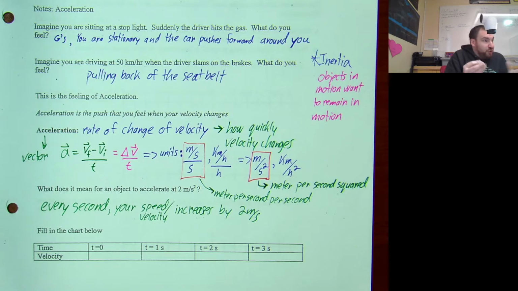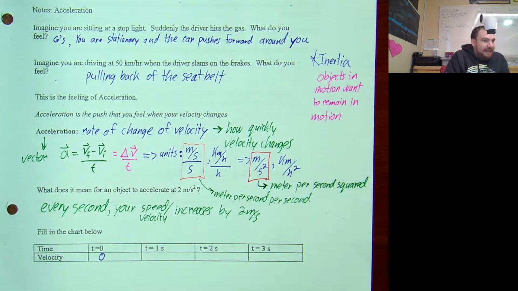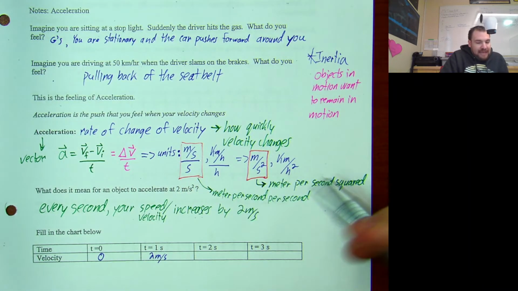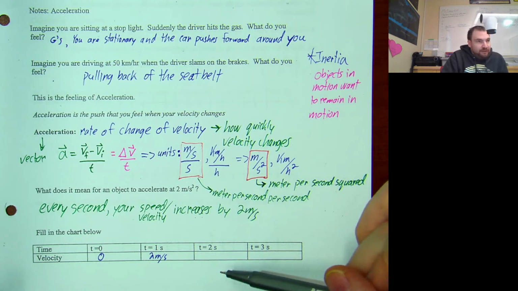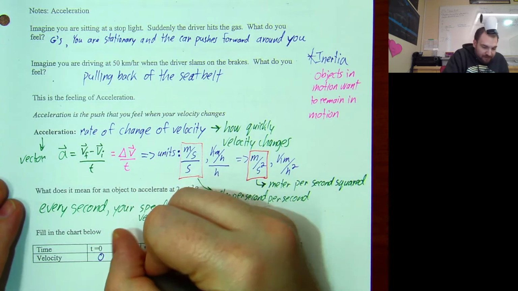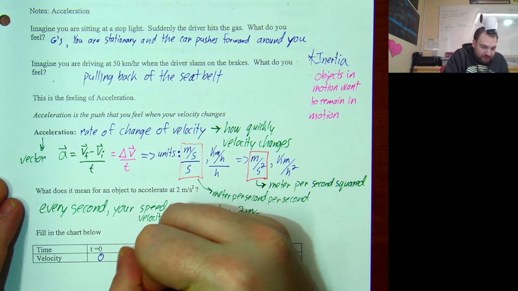So, assuming that we're not moving at the beginning, if I tell you that we're accelerating at 2 meters per second per second, how fast are we going after 1 second? 2 meters per second. At 2 seconds, how fast are we going now? We increased by 2 meters per second.